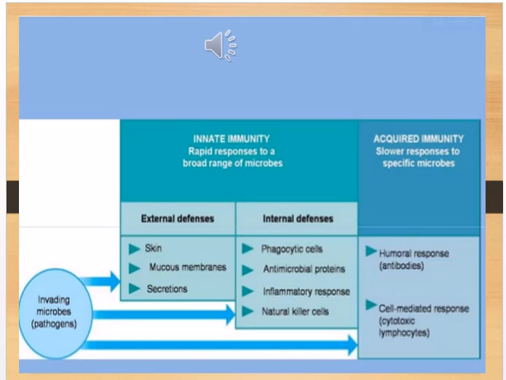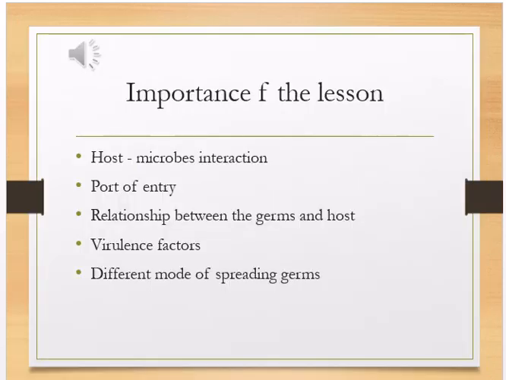Every microbe that lives outside our body tries to pass through those three defense layers to cause disease. So in host microbe interactions, if the germ cannot penetrate through those three defense layers, it cannot cause a disease.